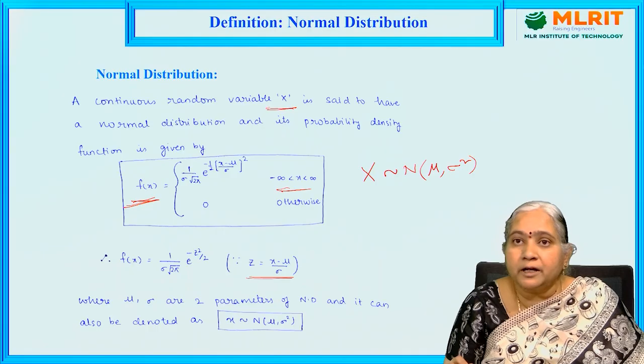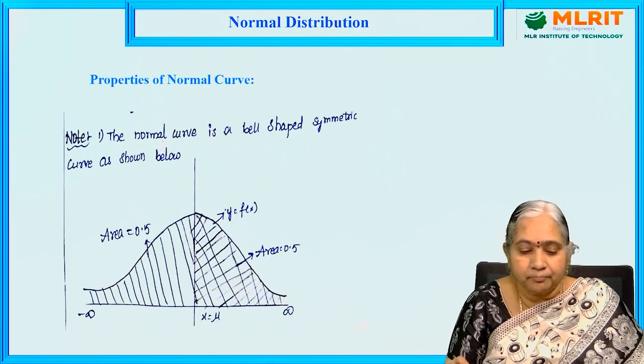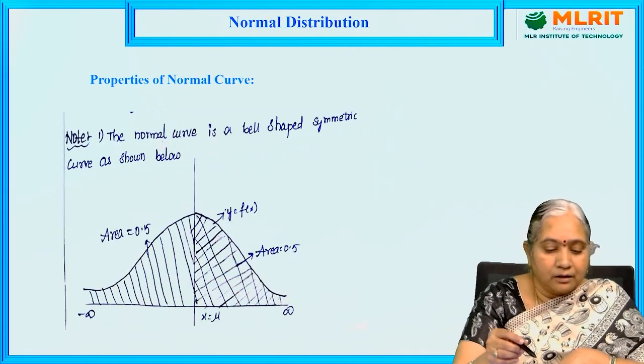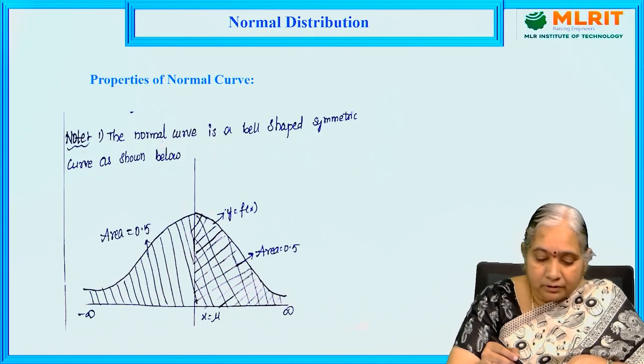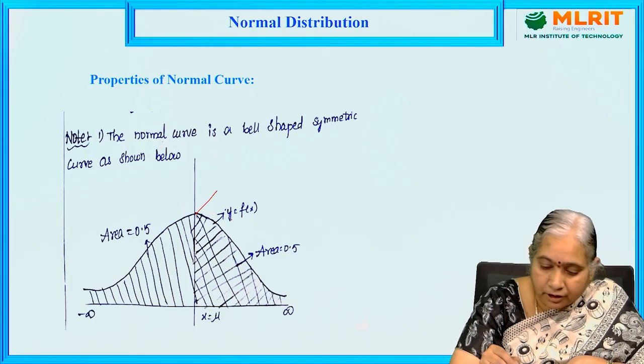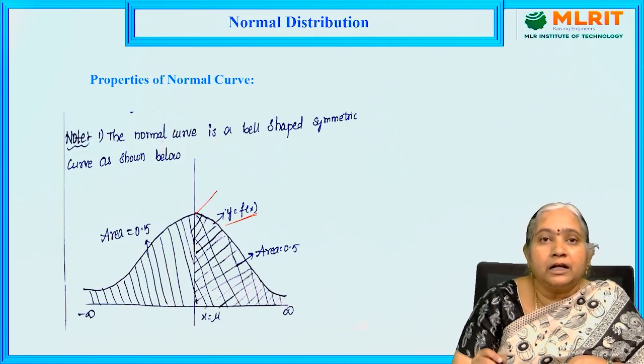These are all properties of normal distribution. So here the normal curve, this is the normal curve y equal to f of x, is a bell-shaped curve.